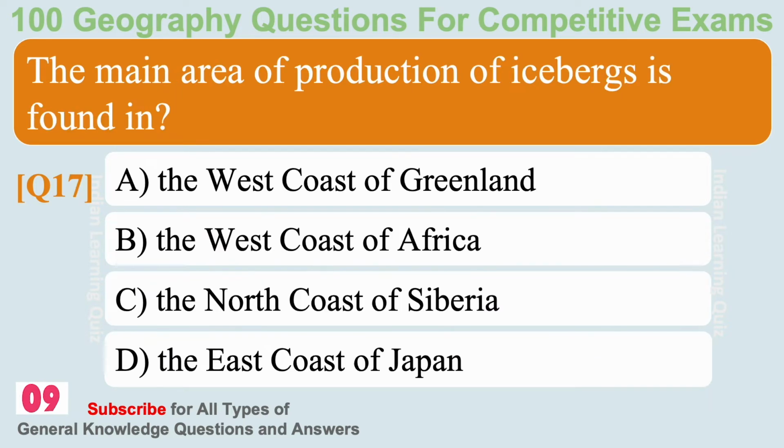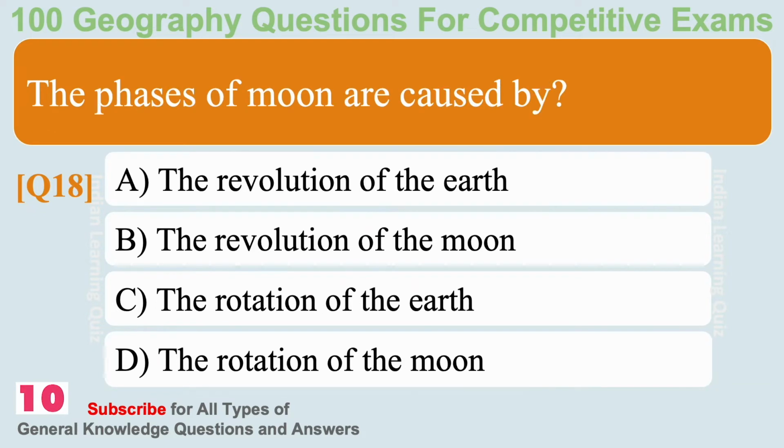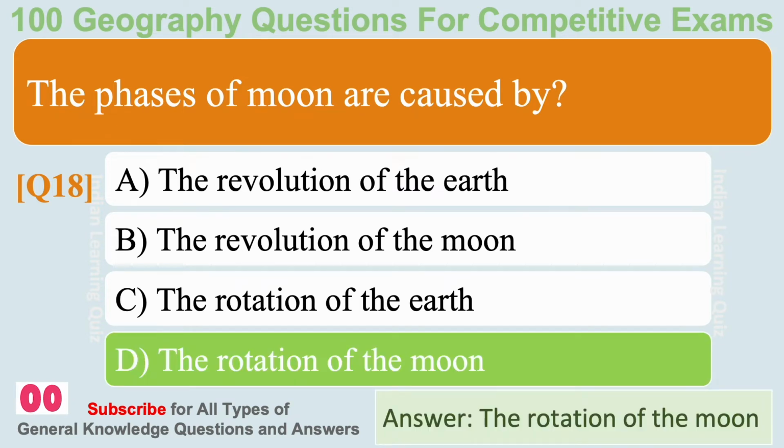The main area of production of icebergs is found in... Answer. West coast of Greenland. The phases of the moon are caused by... Answer. The rotation of the moon.